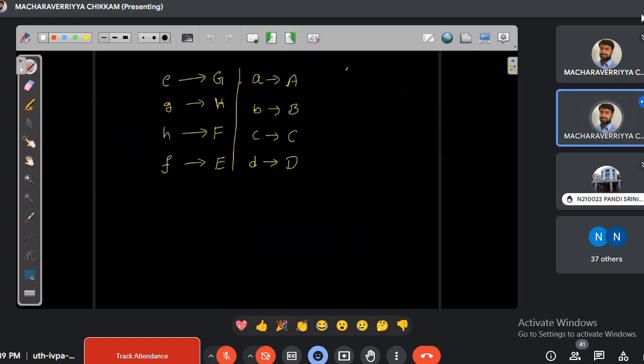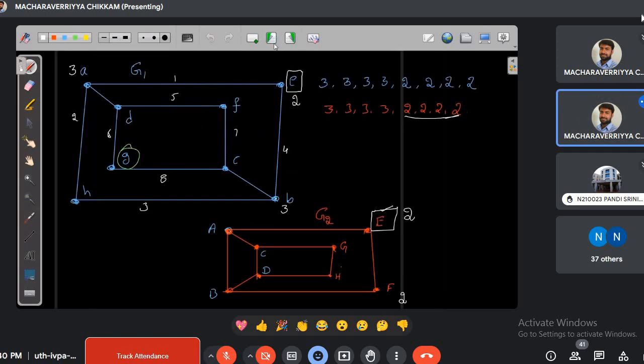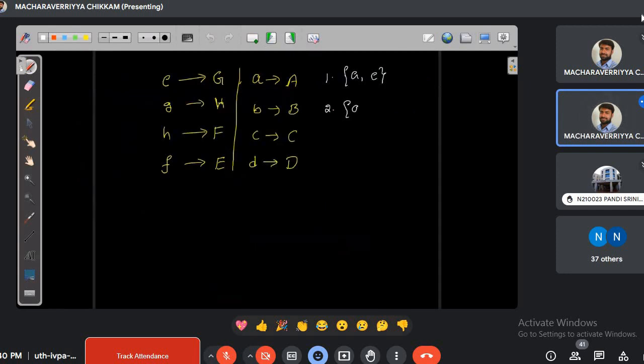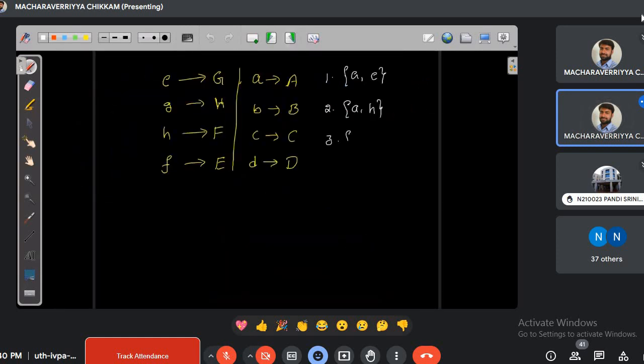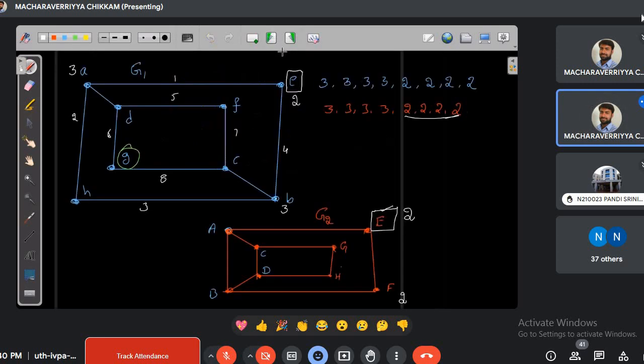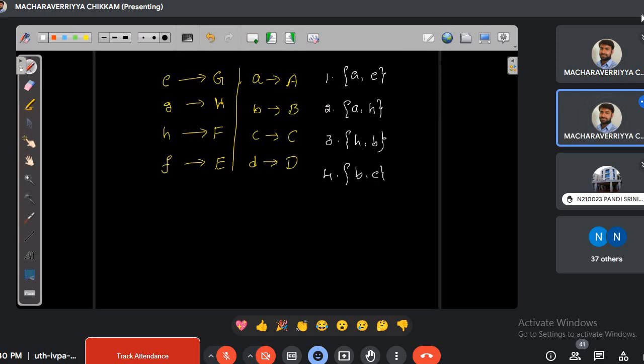First edge is A, E. And the second edge, what is the second edge here? AH. And the third edge is HB. And the fourth edge is BE. And 5, 6, 7, 8. Alright, let me write it.